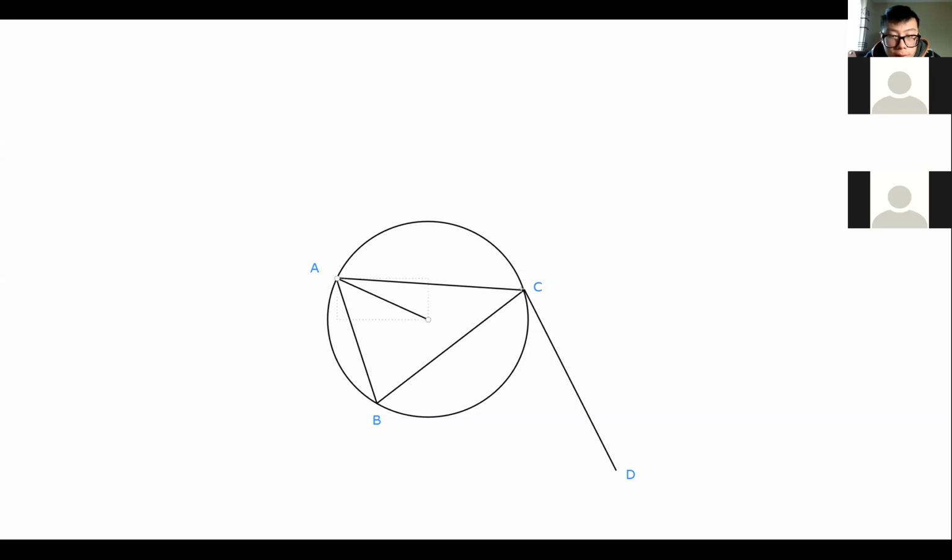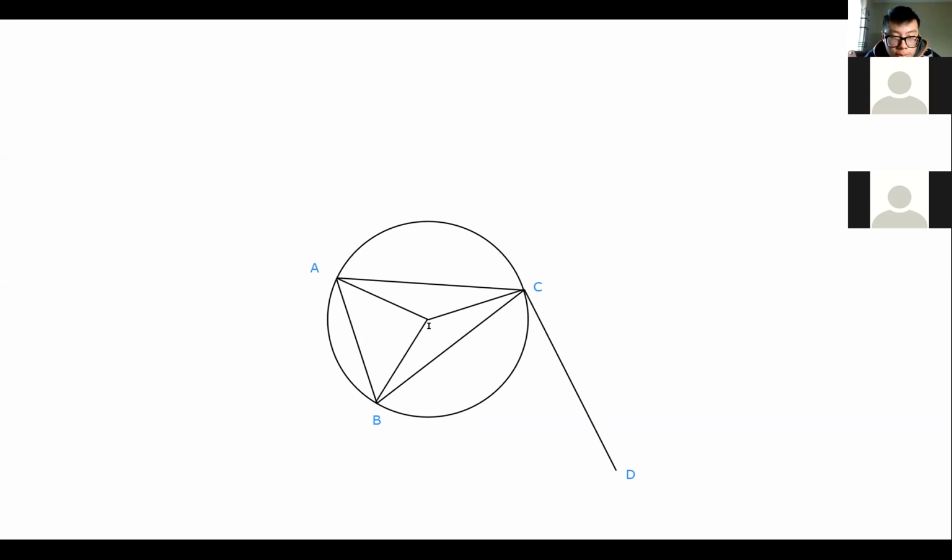All right, so I'm just eyeballing the center right here. So A to O, B to O, and then C to O. All right, there you go. Now let's give names to these angles, as we have done before.